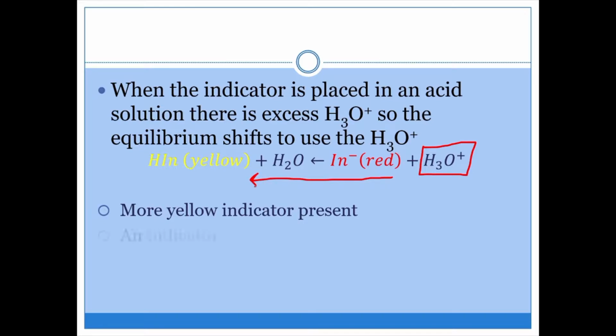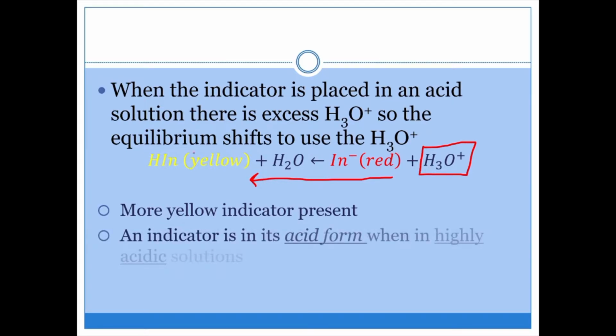Because the equilibrium is shifting backwards, the indicator is going to adopt its acid form more readily. What this means is that there's going to be more yellow color, less red color, so the substance becomes more yellow.